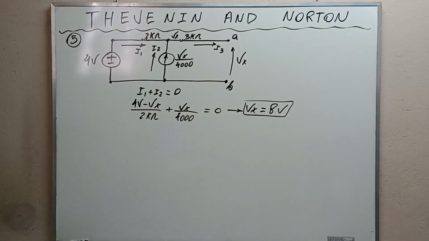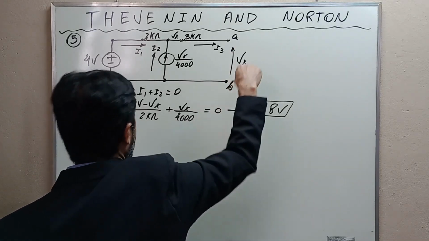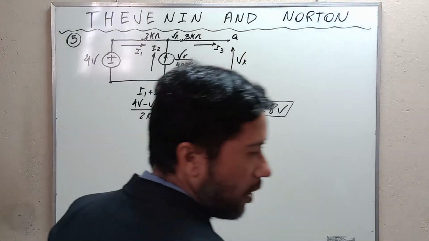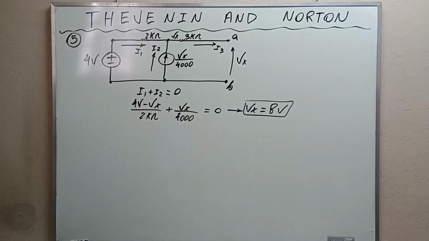To determine the equivalent resistance, we shall make use of the short circuit current, okay? We are going to short circuit the circuit here. We are not going to calculate the equivalent resistance directly.